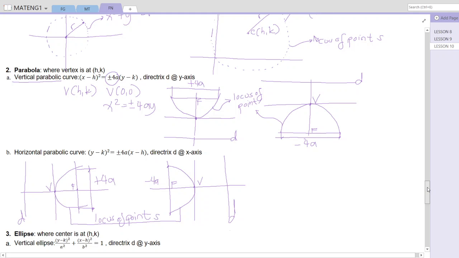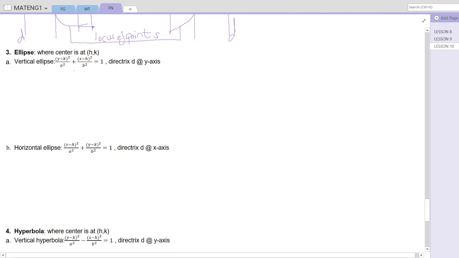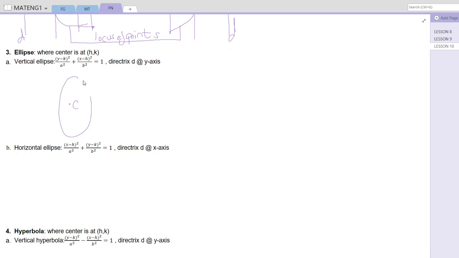And then for the third conic, that is the ellipse, where the center is at (h, k). If that is a vertical ellipse, and I'm going to draw the vertical ellipse at 0, 0 center, so that is at the origin, the vertical ellipse is like this.